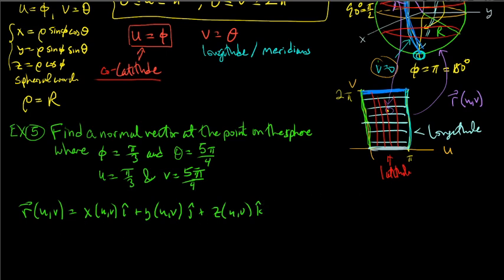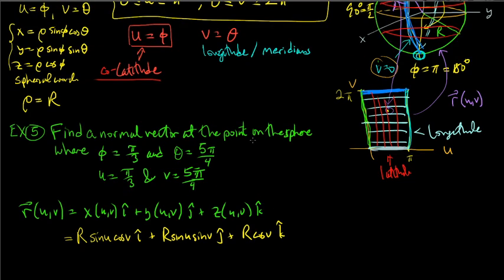In this particular example, x is capital R sine u cosine v times i, then y is r times sine u sine v, and then z is r times cosine v.